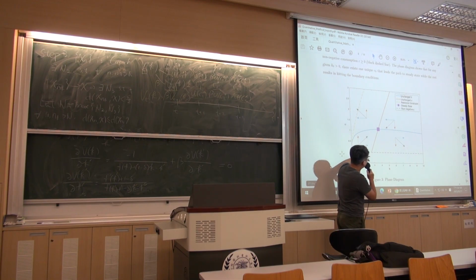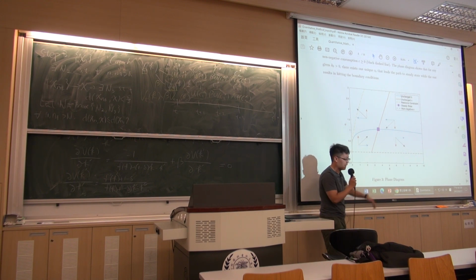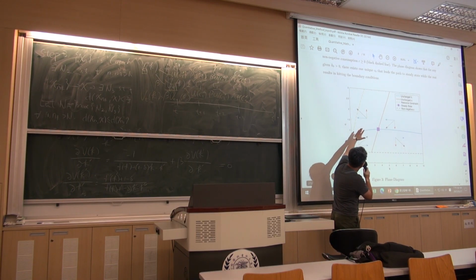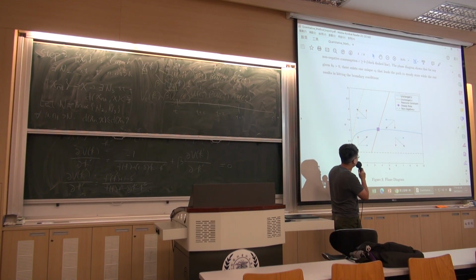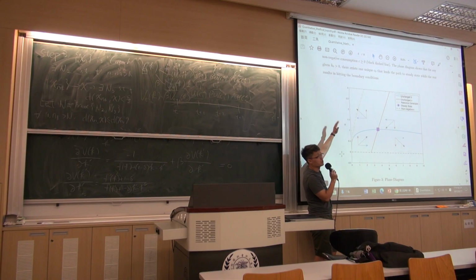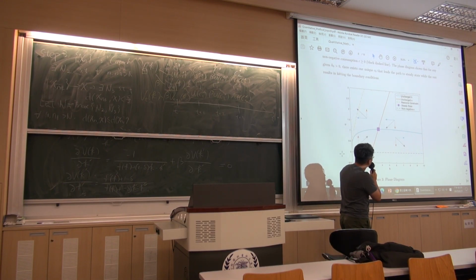The black dashed line is the non-negative consumption constraint, meaning you cannot have negative consumption. The yellow dashed line is the resource constraint, meaning your consumption cannot pass a certain upper bound. There's no way you can consume infinite final goods.